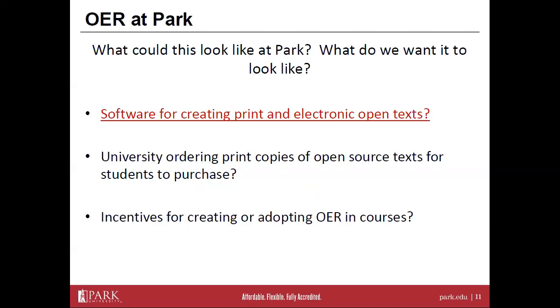Maybe this is the university ordering print copies of open source text for students to purchase. This is something where, again, there's been discussions about the university working with publishers to buy e-text at a reduced cost, but if we wanted to move towards OER adoption, those texts don't cost anything if we get them electronically. However, for students who want them in print, we certainly have the options of working with several major printers who will run off OpenStax textbooks, for example.